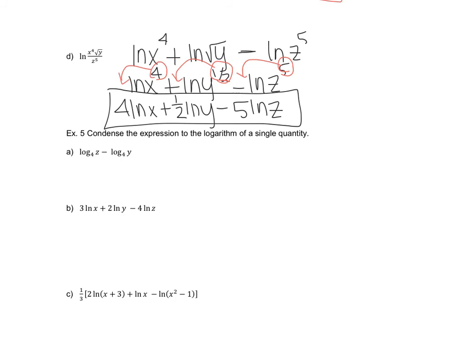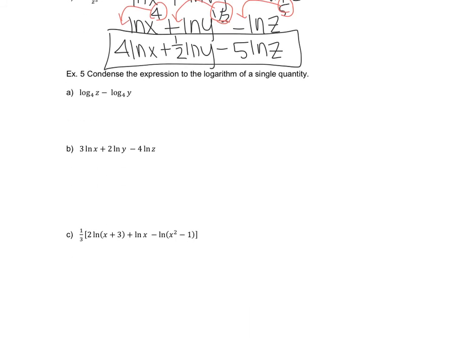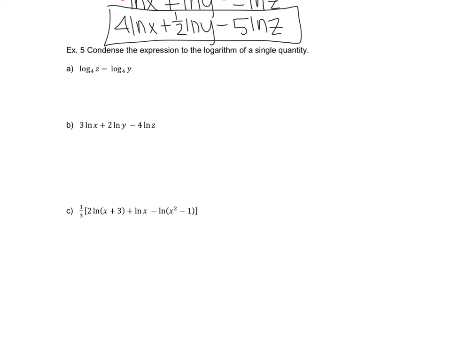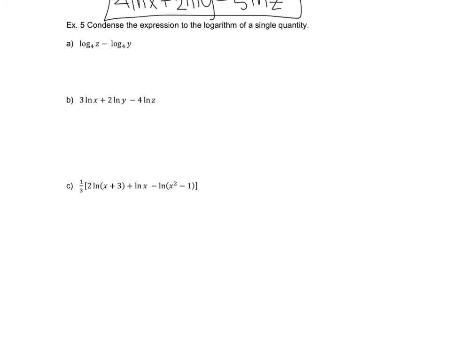Now we're going to go backwards. So we're actually going to take the expanded form and condense it to 1 logarithm. Okay, so think about what each of the symbols mean. On A, the only thing I have going on here is a minus sign, which means that I'm dividing z by y. So if I'm going to rewrite that as a single logarithm, I'm going to write log base 4.